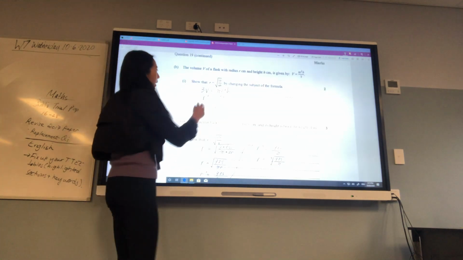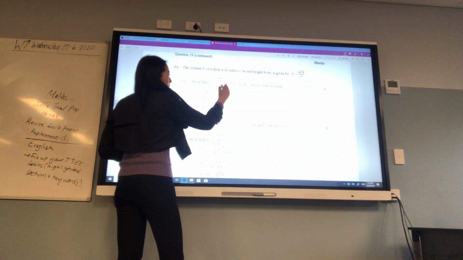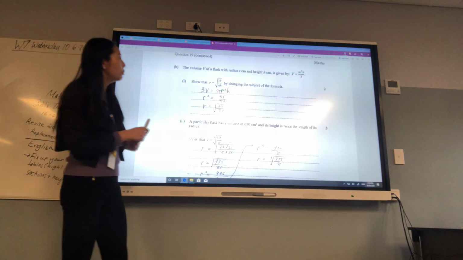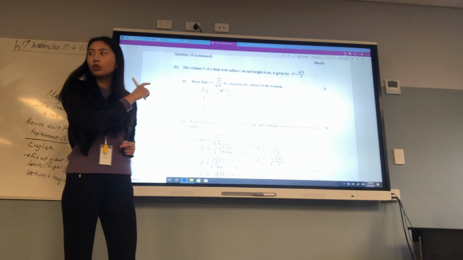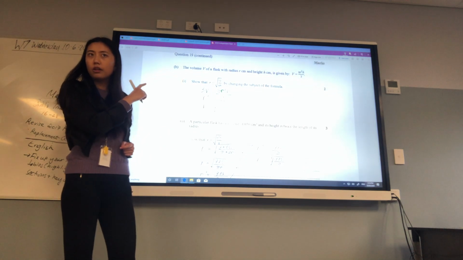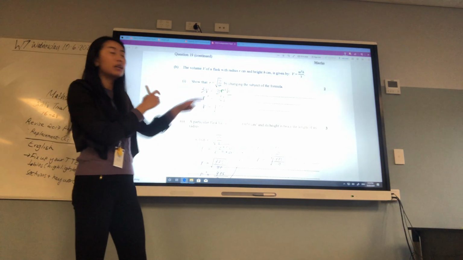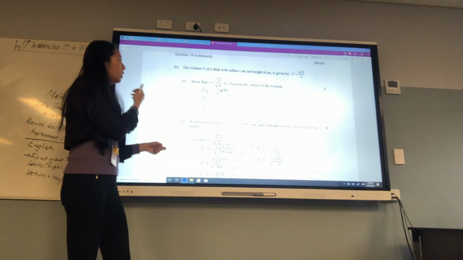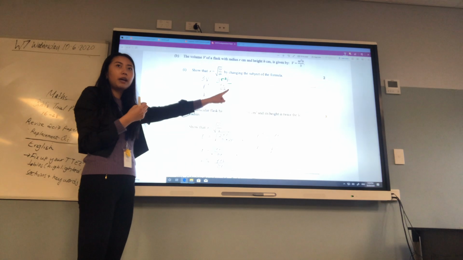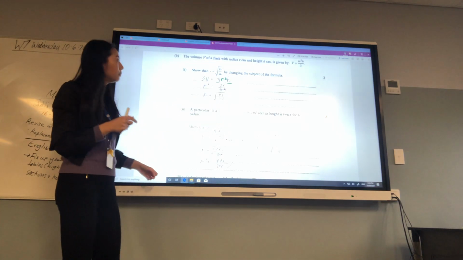And then r is what you need to make the subject. So you move everything else, pi and h, to the other side. Can you touch the square yet? In this step, you can't touch it yet, because it goes with r squared. You need to do it at the end. So you have r squared equals 3b over pi h, and then you square root both sides.